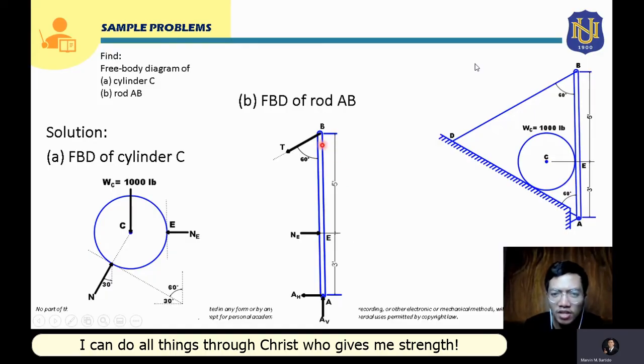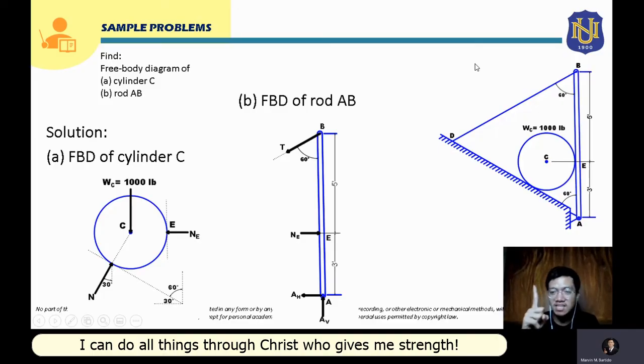So let's say we have here a bar AB, and it is pushed this way at point E. And at the top part of this rod AB, it is pulled. So it is being pushed here and it is being pulled here.